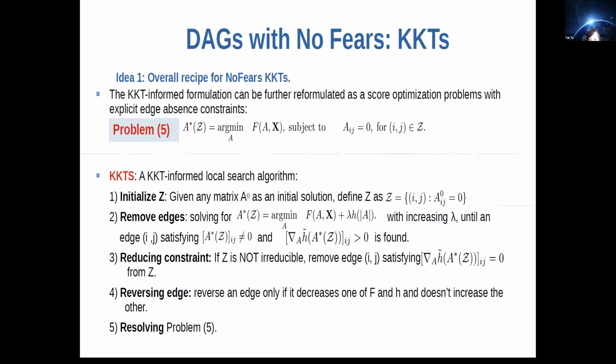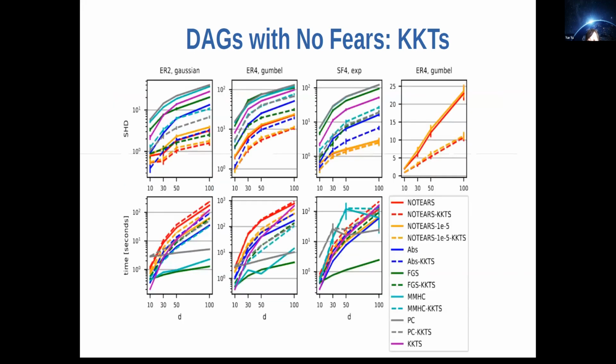That means we can first run NOTEARS for several iterations to get a good initialization, and then use the KKT formulation to continue from there. By doing that, we finally have very good results. On the upper plot, I'm showing the SHD, so basically the errors.